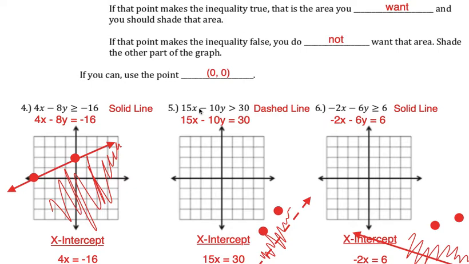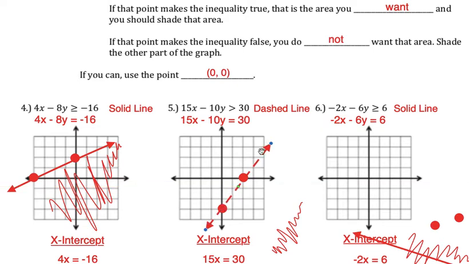Then 30 divided by 15 is 2, so my x this time is a positive 2. Then I have 30 divided by negative 10, and that gives me a negative 3 for my y-intercept this time. My line is going to be dashed because this is a greater than, it's not equal to. So I have a dashed boundary line.